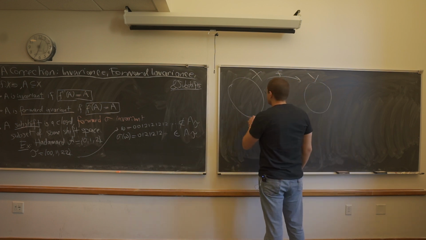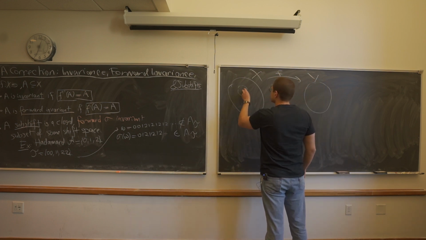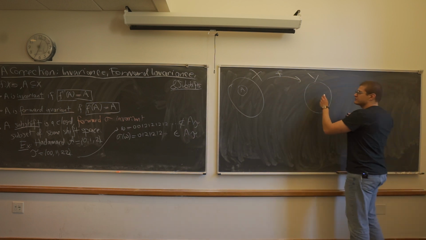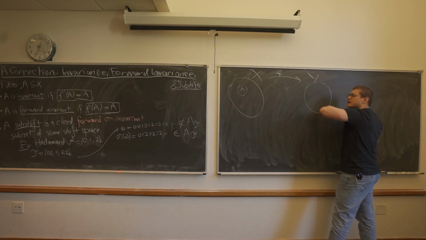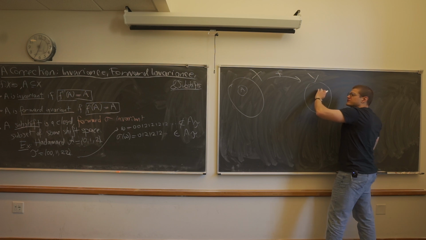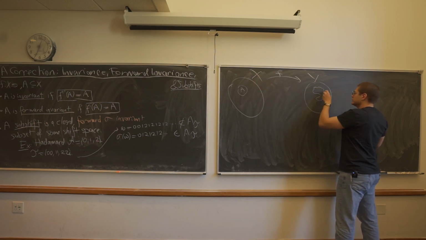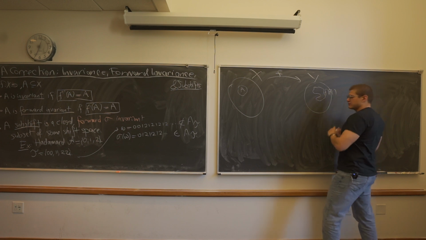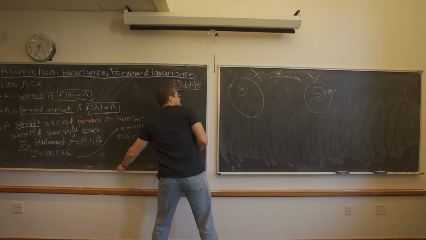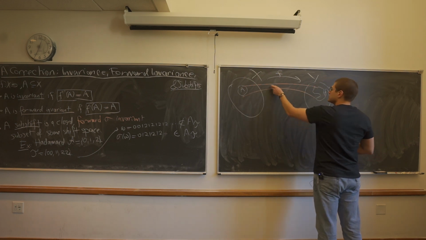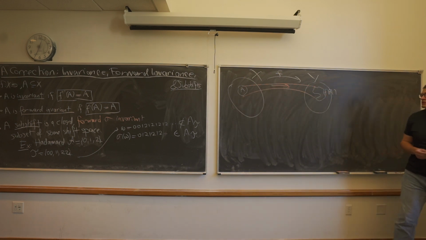If I have a subset A, f of A is going to be f of x for x in A. So this is f of A. Somehow that's what happens.